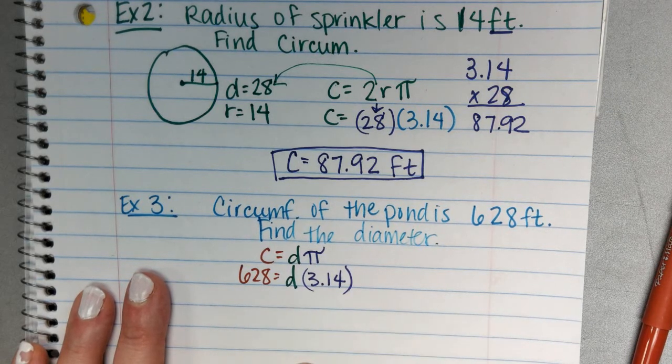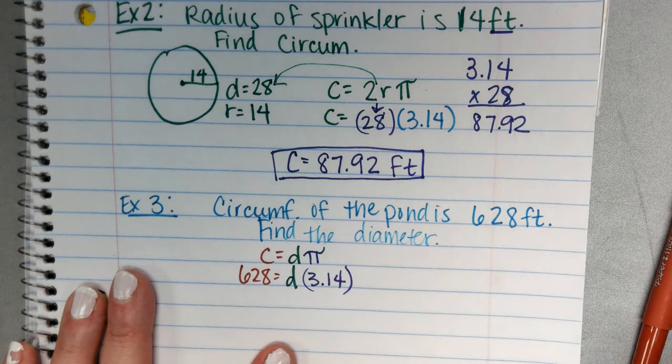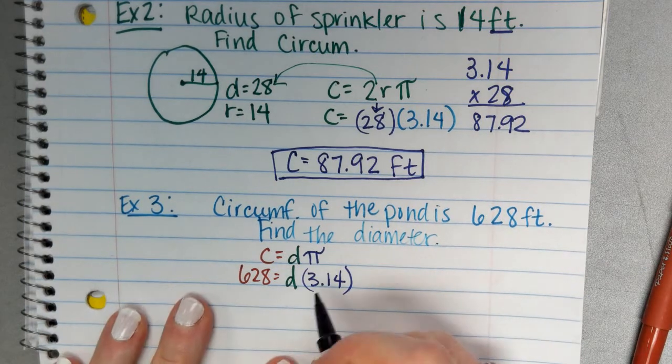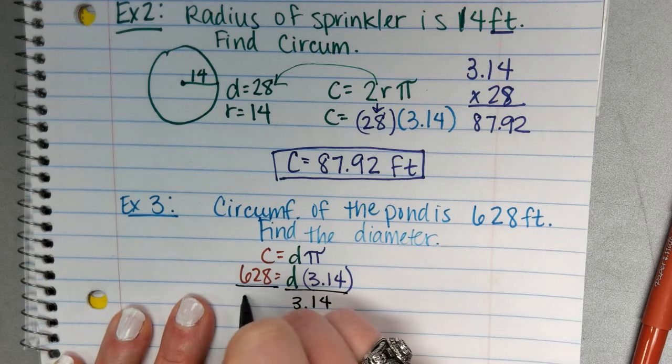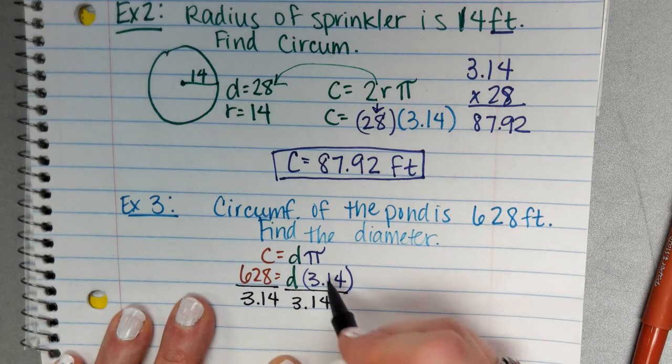Now this is just like an equation where you're trying to solve for x. We just try to get D by itself. So what we're going to do here is divide by 3.14 on both sides because it's multiplication that's holding it together over here.